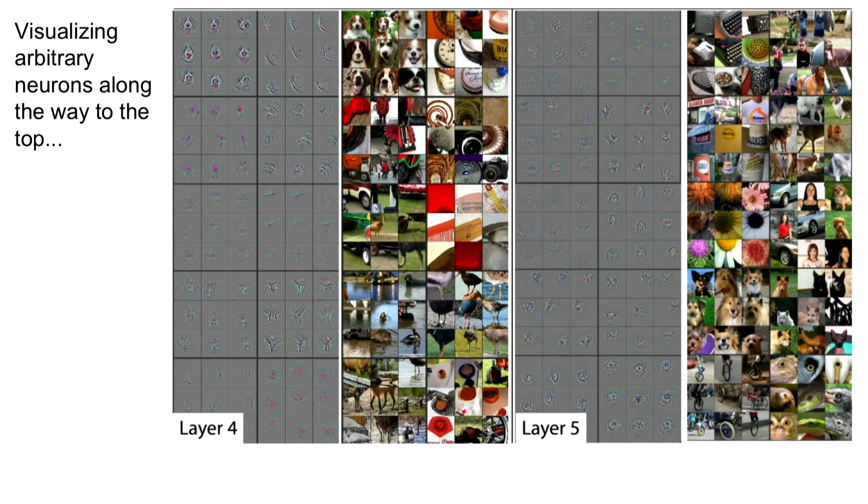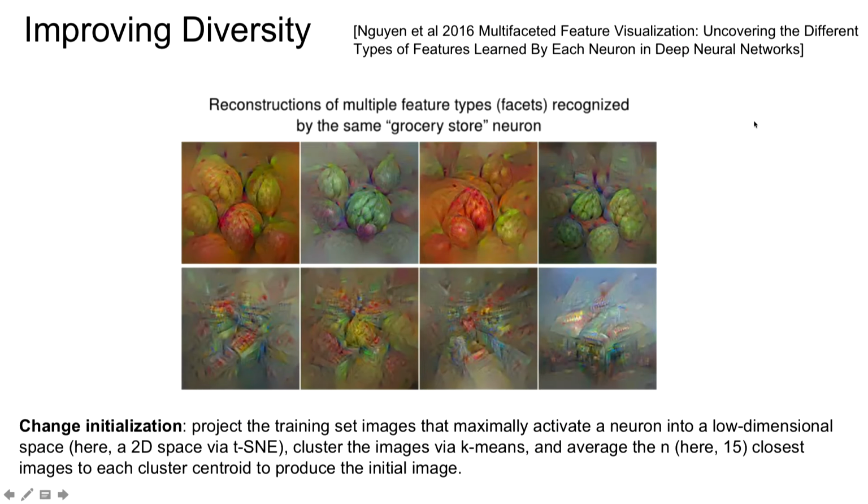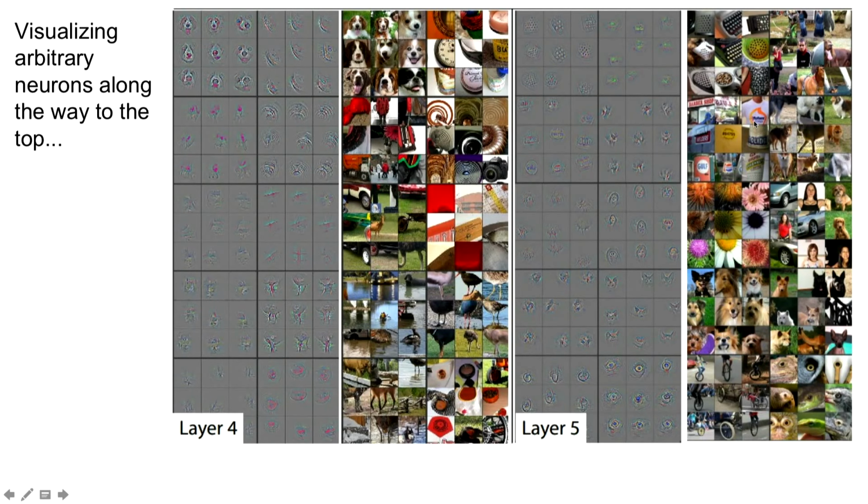As you go up in the layers, things get more high level: animal faces, clock faces, and so on. And layer 5 again. All the way through to the top level, where you get entire image classes.